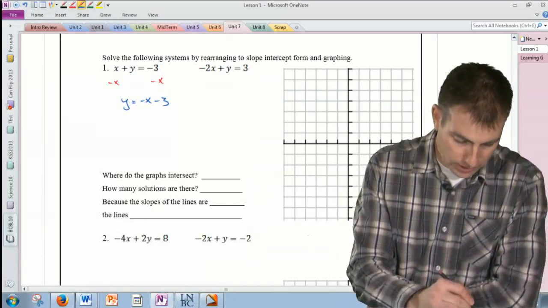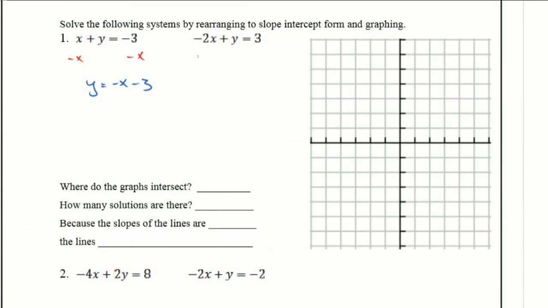So there's our first line. For the second one, I'm going to add 2x to both sides, and I'm going to end up with y is 2x plus 3. Okay, so I'm going to plot this blue line first. Negative 3 is my y-intercept, 1, 2, 3.